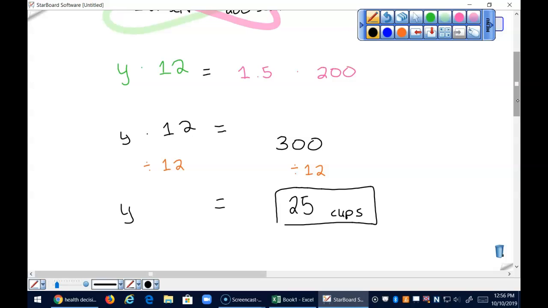Whatever works for you in your brain, there will be the 1.5 and the 200 multiplying and the 12 dividing. Whether you think of it as this many per something like that going on, it'll make sense to you. But you can't escape the calculations that happen. This is just one way to rationalize them as, that's why I'm doing the divide by 12.